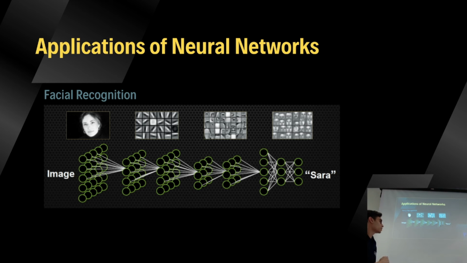In general, we use convolution, and our neural network is going to learn how to classify these people. You can do the same thing with other images, flowers, cars, but it's the same process.